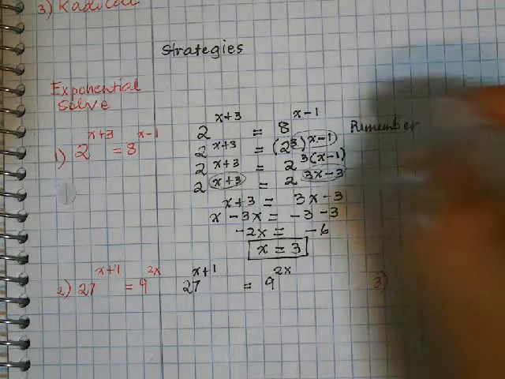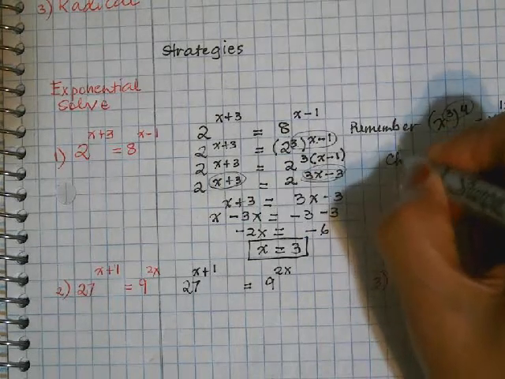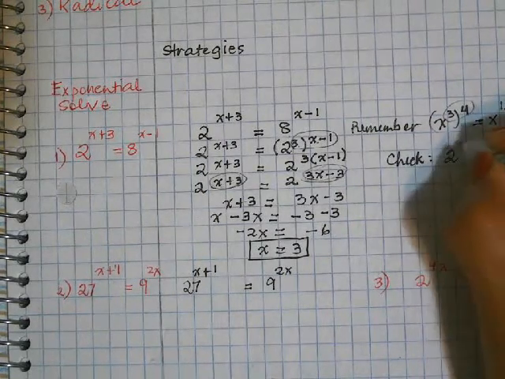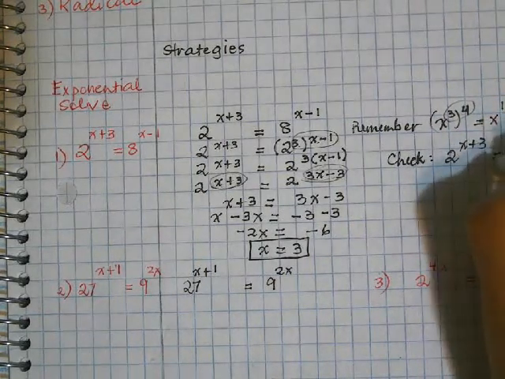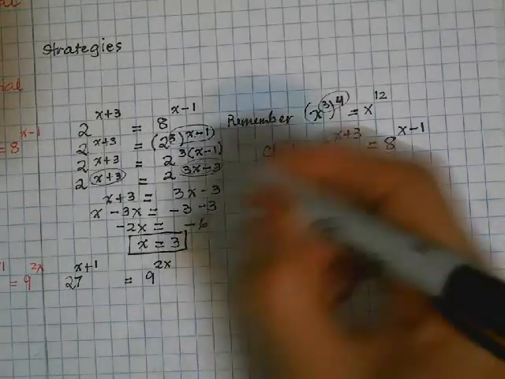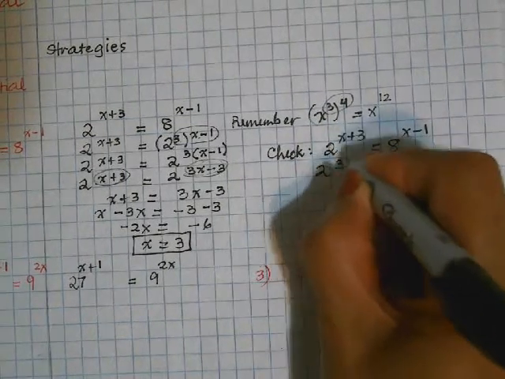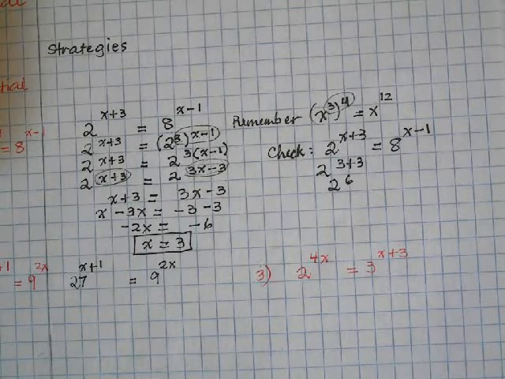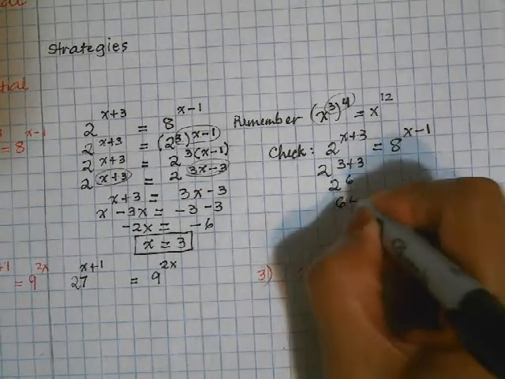Now let's check if x is really equal to 3. So 2 to the x plus 3 should equal 8 to the x minus 1, and we found that x is 3. So 2 raised to 3 plus 3 is 2 to the 6. 2 multiplied 6 times will give you 64.